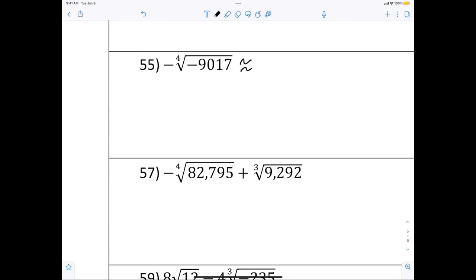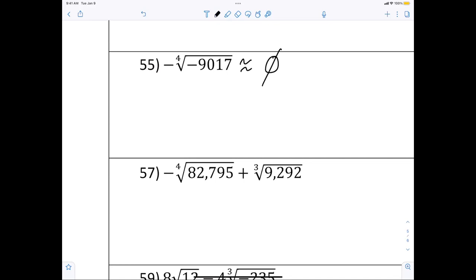Right, no solution. You can't take a 4th root of a negative. Nothing to the 4th power is going to be negative.